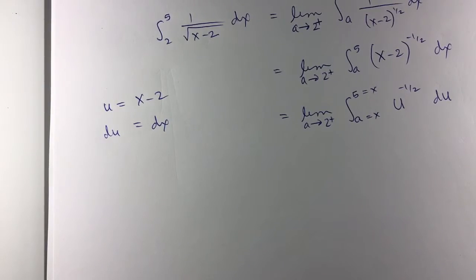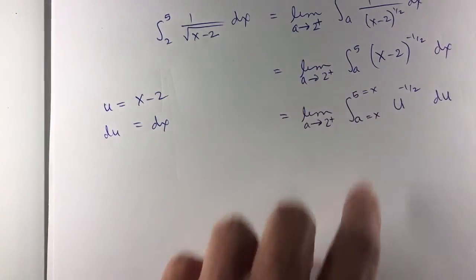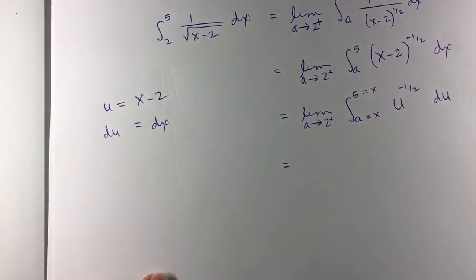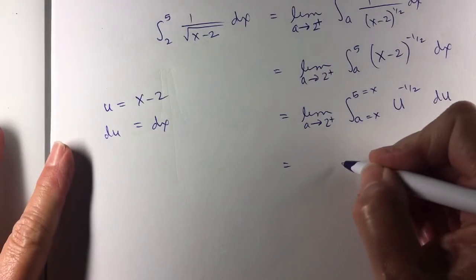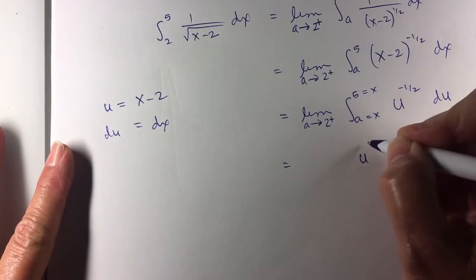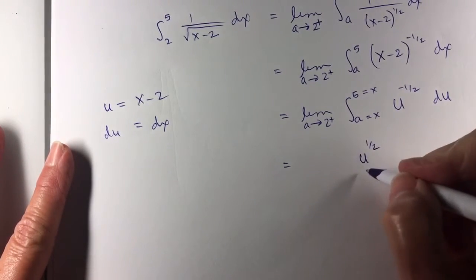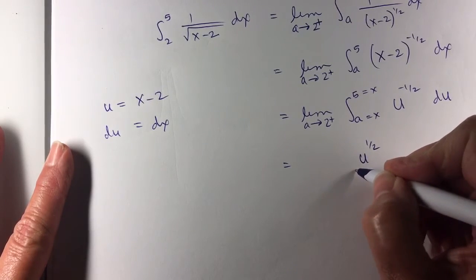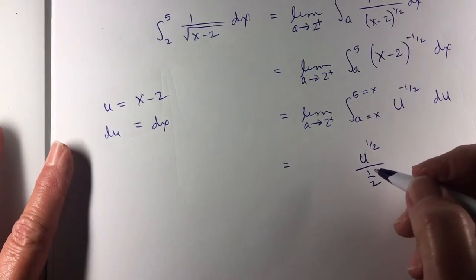If you want to change these to match u, you can do that. What's the antiderivative of u to the negative 1/2? That's going to be u to the 1/2, negative 1/2 plus 1 over 1/2.